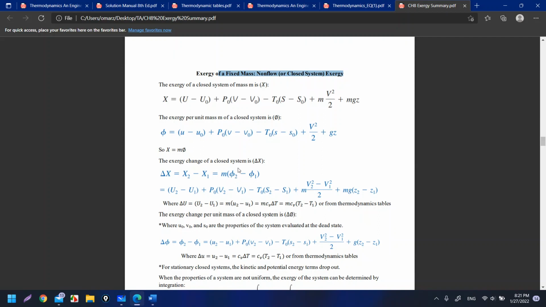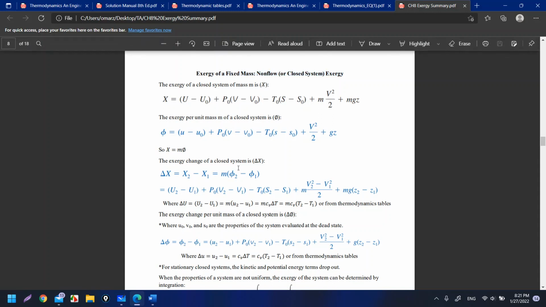This will be in kilojoule, and this is equal to m times phi 2 minus phi 1. Phi 2 minus phi 1 is the Exergy, but per unit mass. The Exergy change per unit mass is delta phi. So we have the mass, and we will use this equation and multiply it with the mass. We will get the delta x.